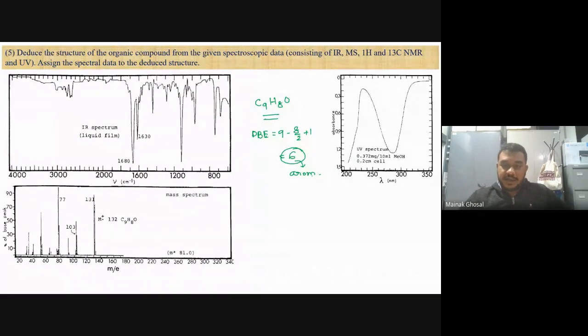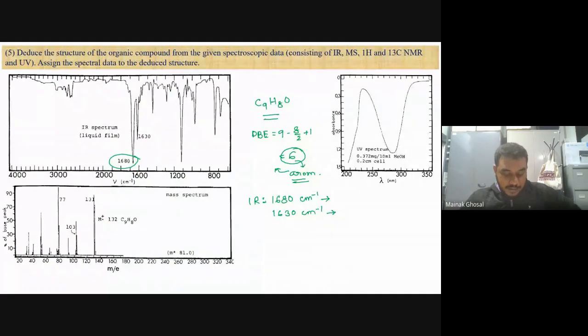The 250 peaks are also here, so just looking at this, you can see there is a high possibility of an aromatic compound. Now you see a peak at 1680 cm inverse in the IR, and also a peak at 1630 cm inverse.